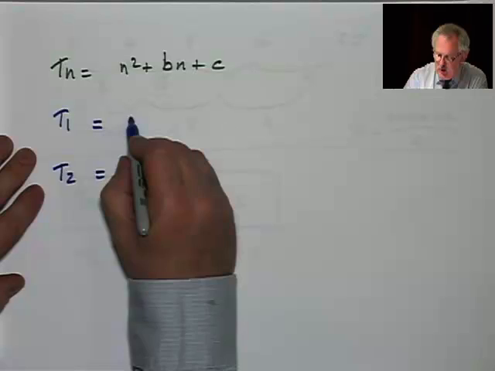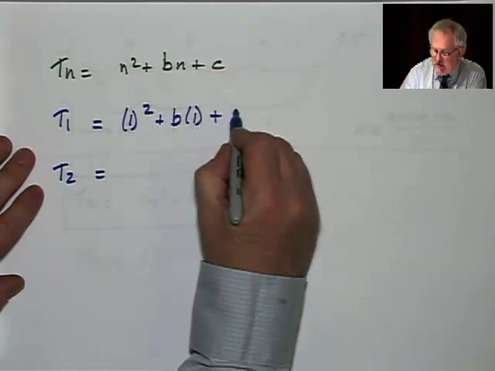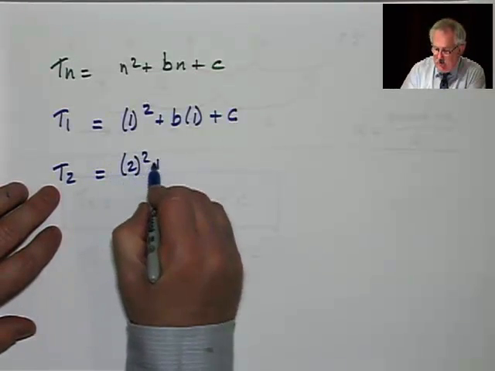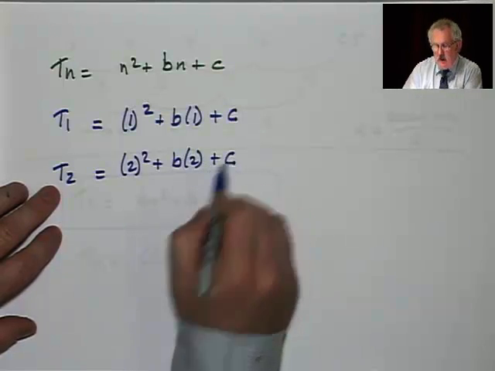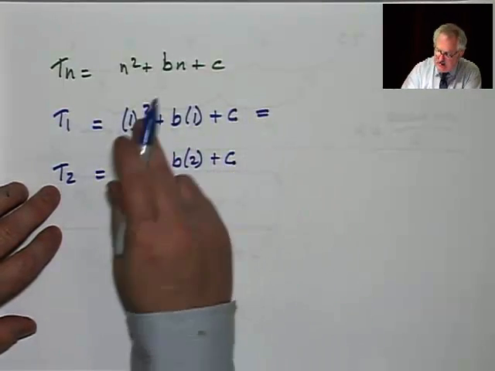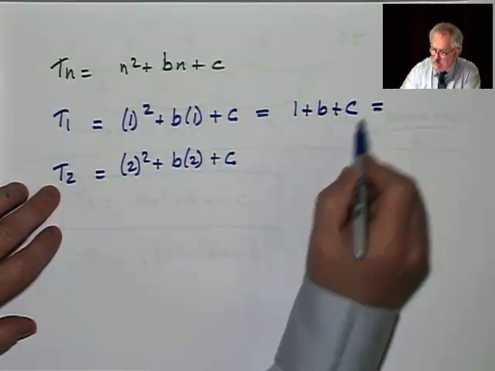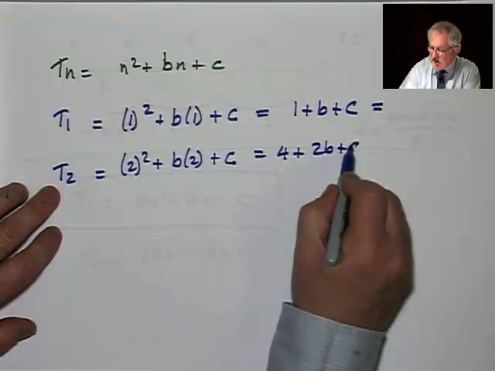T1 would be 1 squared plus b times 1 plus c. T2 would be 2 squared plus b times 2 plus c. Now we could simplify that: that's 1 plus b plus c, and that's 4 plus 2b plus c.